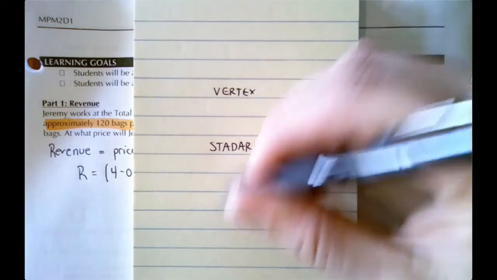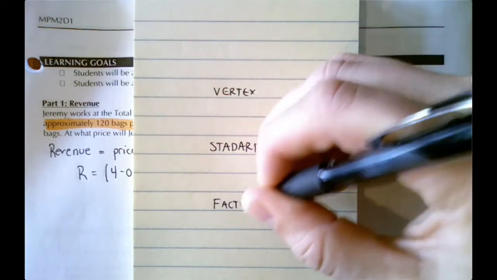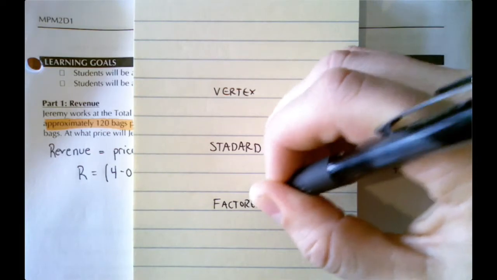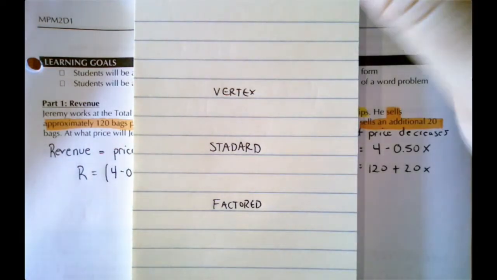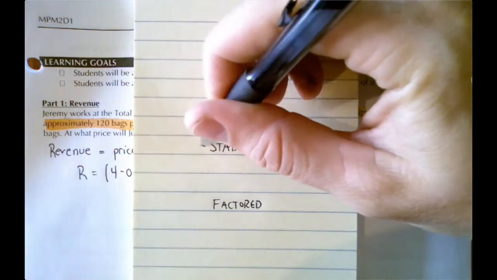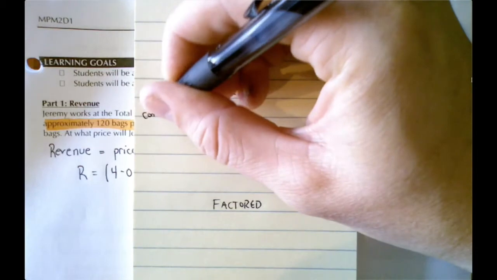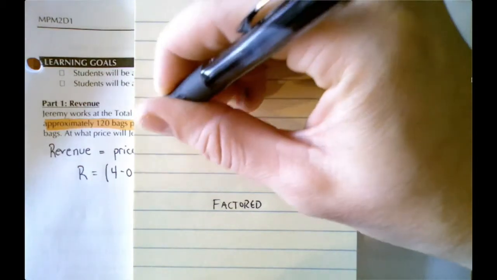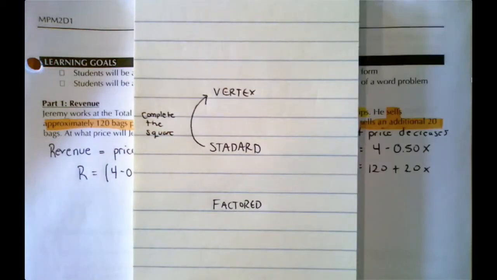And we'll put factored right here. So how do we convert forms? Well, we just learned in the last lesson that if we want to go from standard to vertex, we have to complete the square. That's how we get to vertex form.